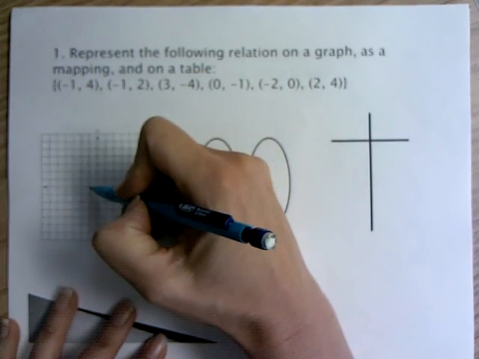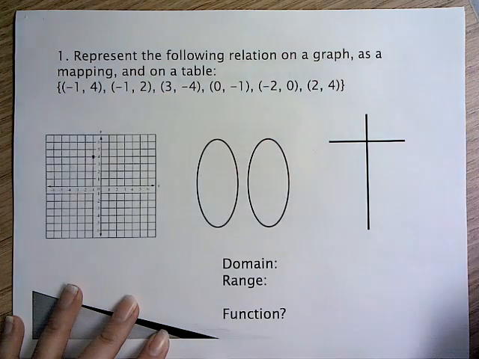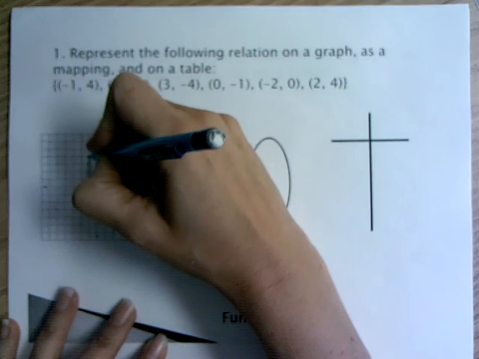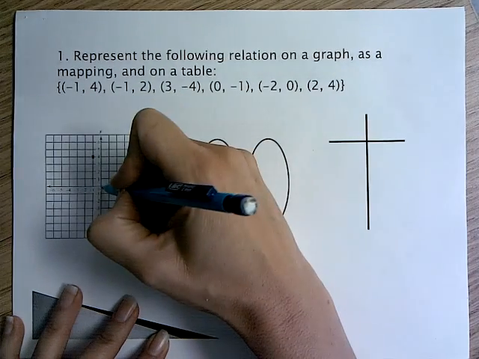So -1, positive 4. Make sure you're graphing your points as nice, big bowling ball points, nice and dark. Okay, (-1, 2).